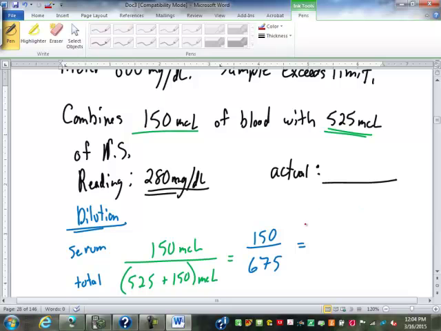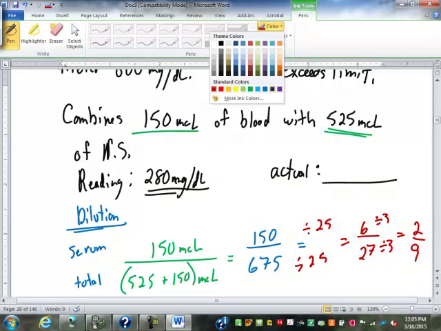Let's see. Both of those can be divided by 25. I know they can both be divided by 75 too, can't they? I bet. So we get 6 over 27. Yeah, they can both be divided by 3. Gives me 2 and 9. So that is a 2 and 9 dilution.